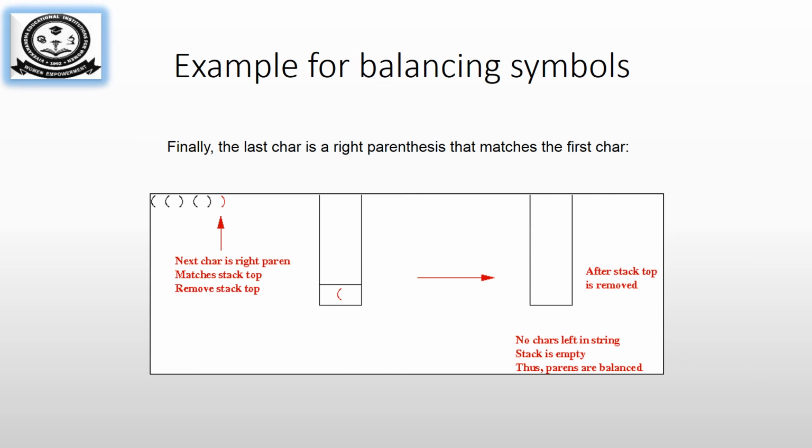Finally, you have only one open parenthesis in the stack, and the final operand is a closing parenthesis. So you pop the open parenthesis from the stack, and finally your stack is empty. If your stack is empty, then the given expression is a balanced parenthesis expression. Otherwise it is not balanced.